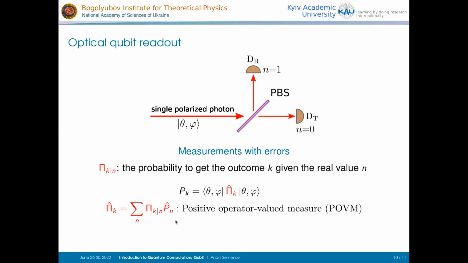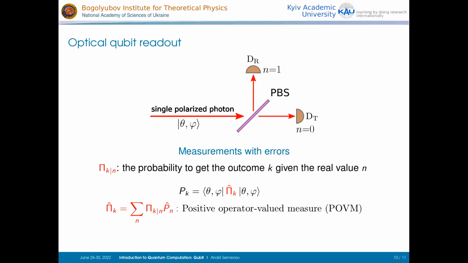POVM, positive operator valued measure, is a set of operators which describe your measurement. In principle, there is some axiomatics which these operators should satisfy. I can tell you that this should be a normalized set of operators, and they should be so-called positive definite. When these conditions are satisfied, this exists theoretically and can be implemented experimentally.